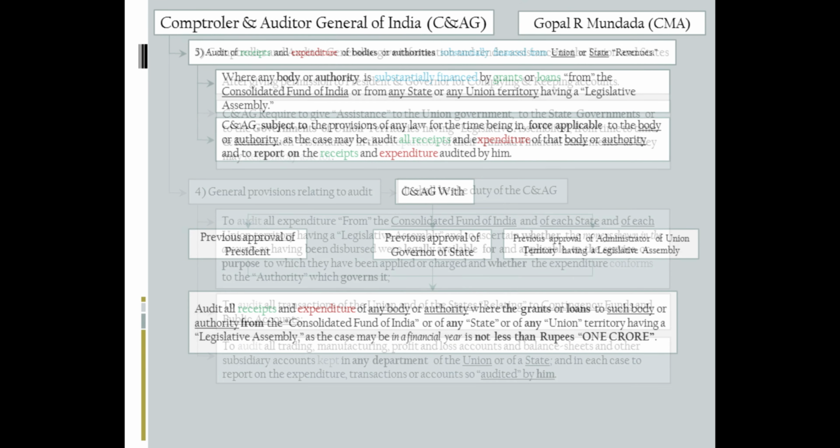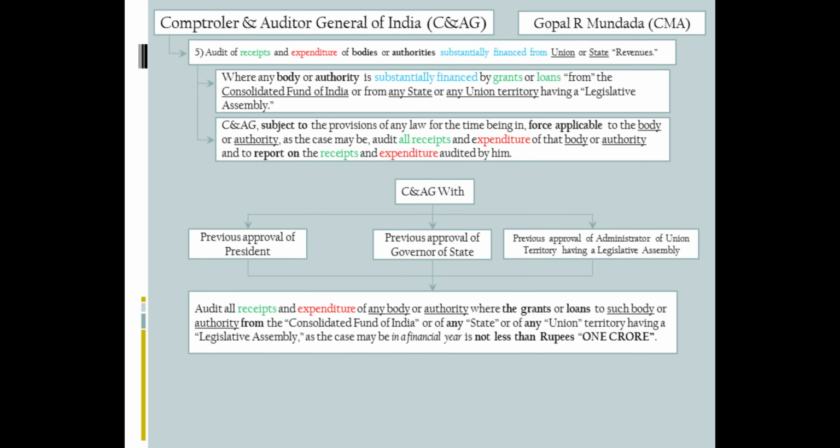So guys, next is the audit of the receipts and expenditure of bodies and authorities substantially financed from the union or state revenues. In this case, where a body or authority is substantially financed by grants or loans from the Consolidated Fund of India or from any state or any union territory having a legislative assembly, the C&AG, subject to the provisions of any law for the time being in force applicable to such body or authority, audits all receipts and expenditure of the body or authority and reports on the receipts and expenditure audited by him.